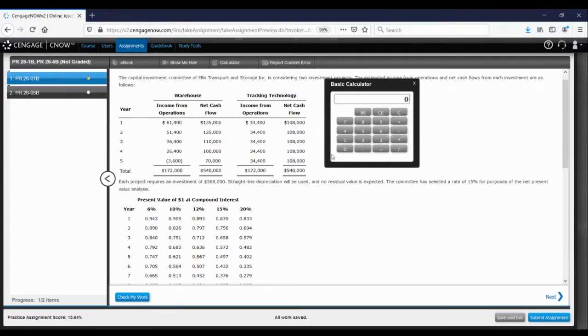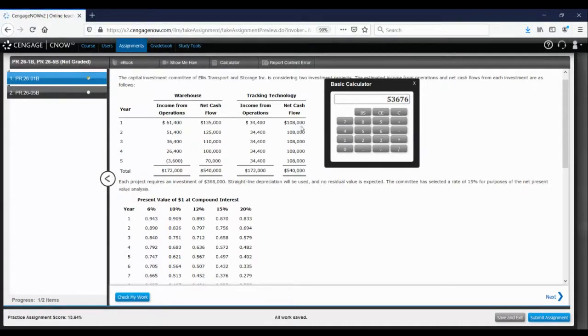Then in the last year, I would take 108,000 and I would multiply that by the table value amount for the 5th year, which was 0.497. And that will give you 53,676.